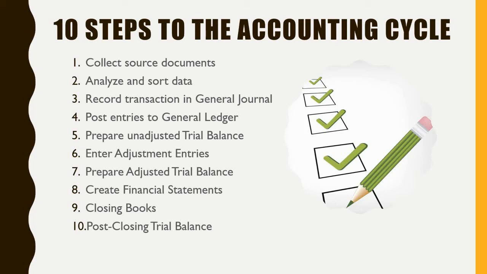In this class, we are going to explore all 10 steps. The first half of the class, we're only going to recognize up to step 3. Steps 4 through 10 will all be involved when we dive into our class project.